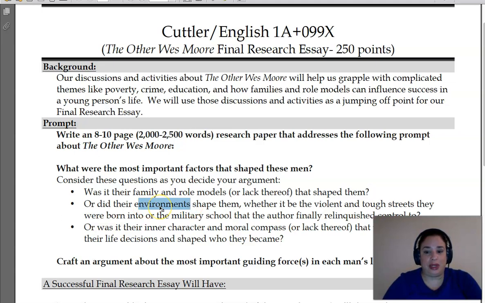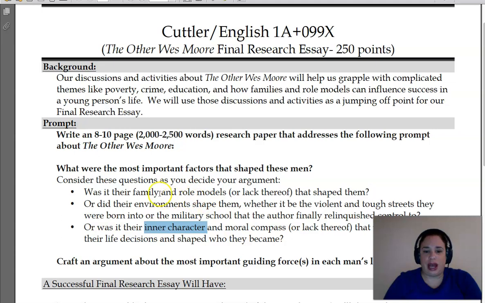So environment could be the neighborhood where they lived, the school, so that would include the military school. Or do you think it was the person they were? Is it inner character, moral compass, the sort of people they were on the inside? So it could be one of these things, two of these things, all of them, any combination. Okay, that's up to you.